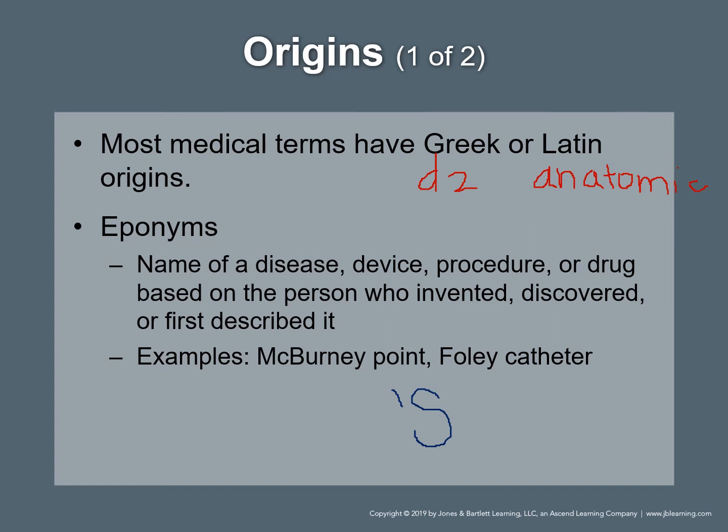Just to see if you're actually listening to this and paying attention, let me know what a Babinski reflex is. We're going to write it here. This is one of my favorite reflexes.